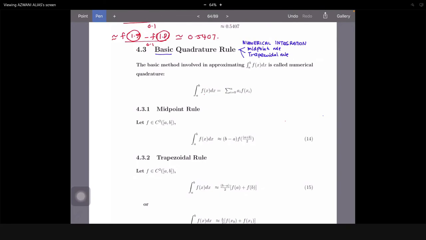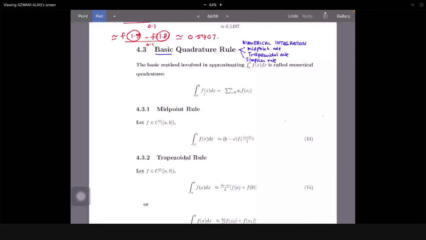Simpson Rule. Okay, 3 perkara. So make sure kita faham the basic concept sebab lepas ni kita akan ada composite quadrature rule. Maksudnya daripada midpoint rule kita ada composite midpoint rule, composite trapezoidal rule, composite Simpson rule. So maksudnya you kena faham lah the basic quadrature rule ni.